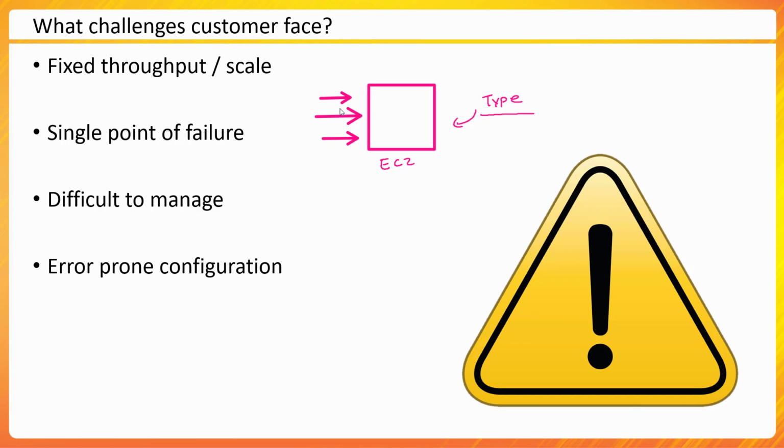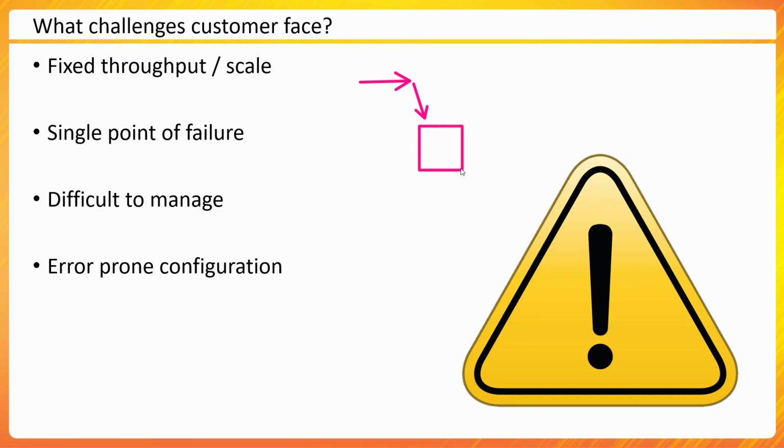Now customers deploy this EC2 based solution in different ways. One option could be that they configure some tooling so the requests are forwarded to these EC2 instances where the software is running, and after inspection or performing some operation they are forwarded back. So they sit in the path of the request which is coming in, and they have to configure scaling and ensure high availability.